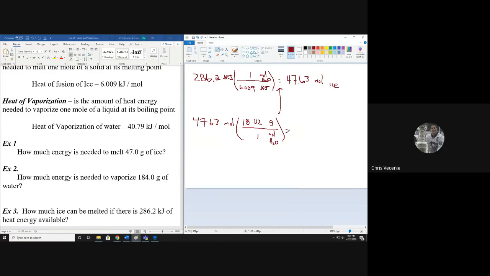And if I take my 47.63 times the 18.02, that's telling me that I can melt 858.3 grams of water.